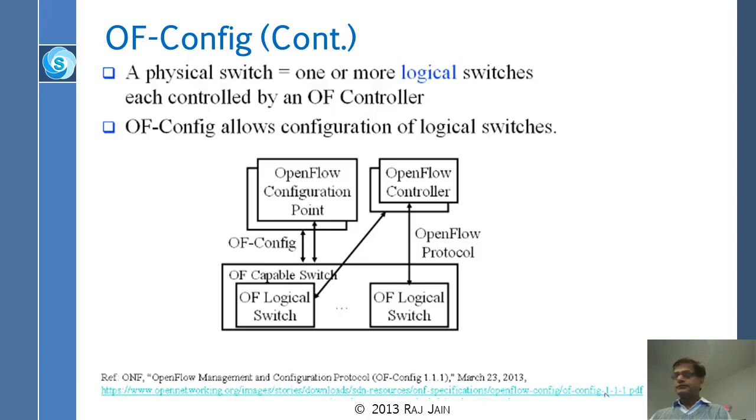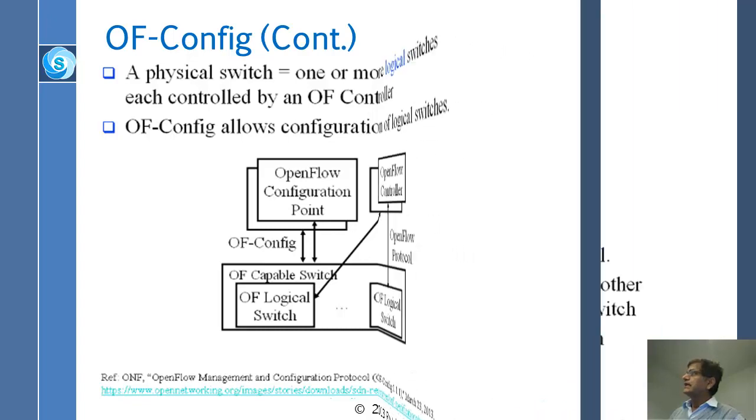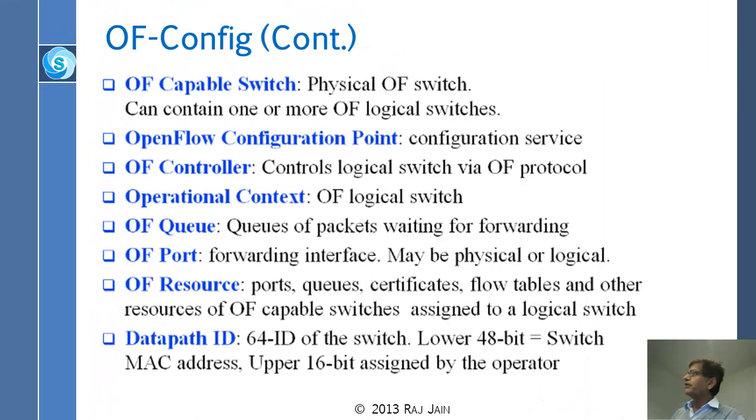Now, so the concepts: an OF capable switch is the physical switch, and it can contain one or more OF logical switches. We already talked about that. The configuration point is the service that configures the switch. The controller is the one that controls the switch and speaks the OF protocol.